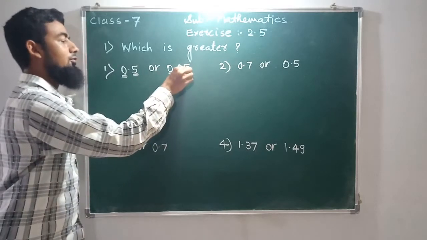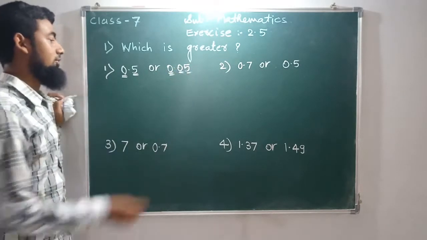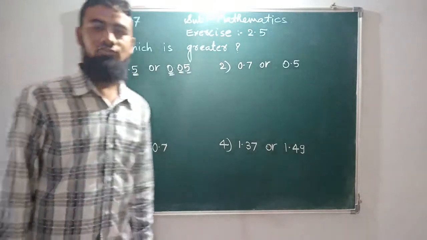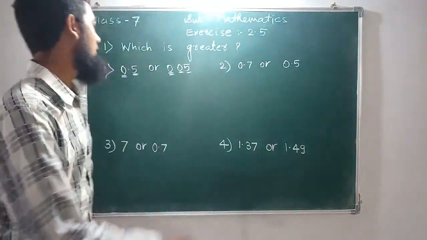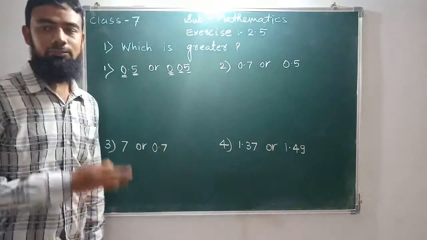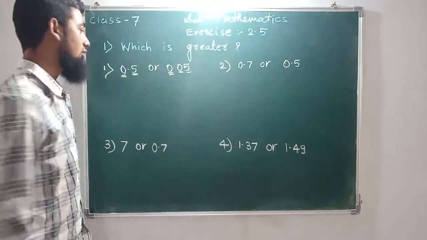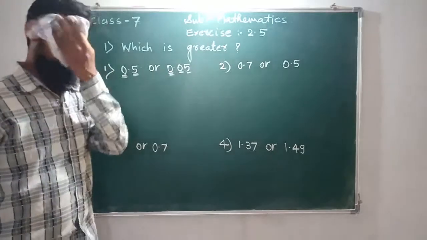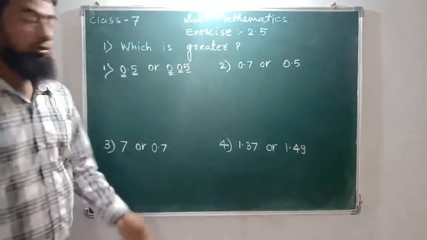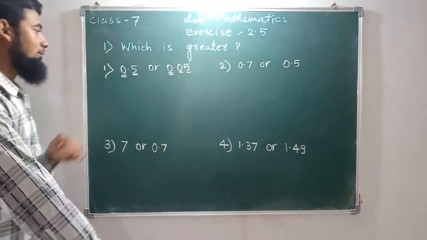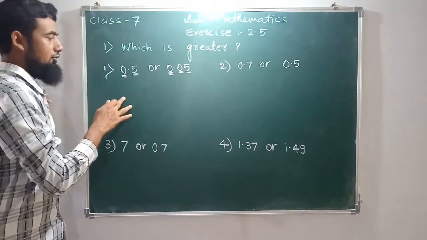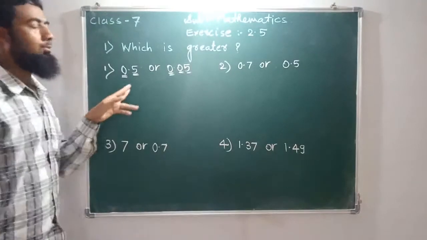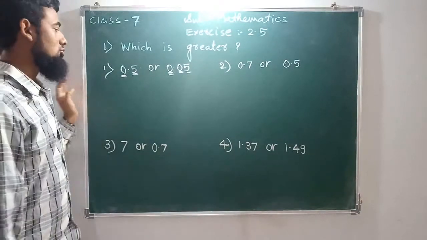The place of the next digit is hundreds, but here there is no digit given, so if you want to consider, just consider it as 0 only. Understood? So here, my dear students, we are going to find out which number is greater. This is your question.